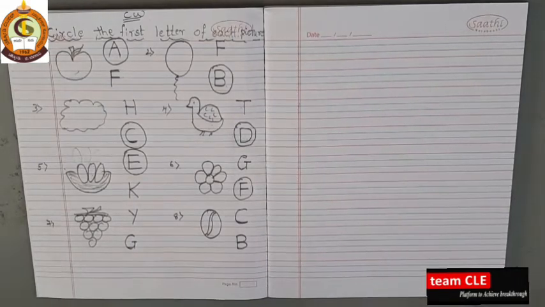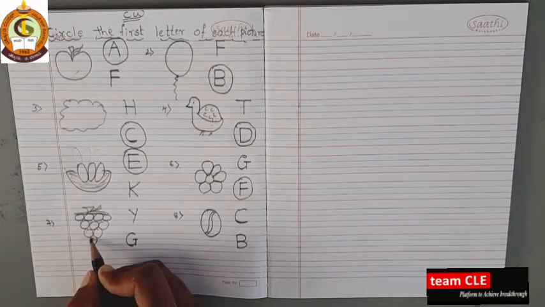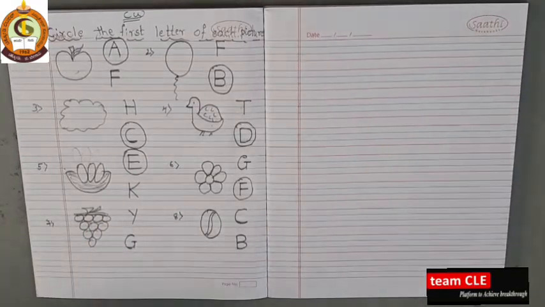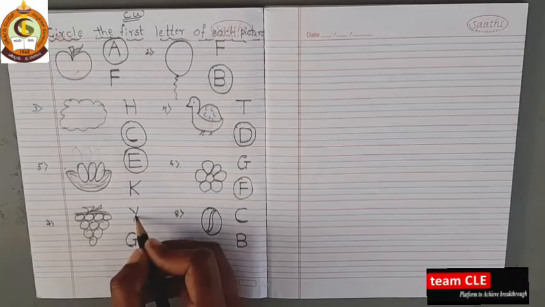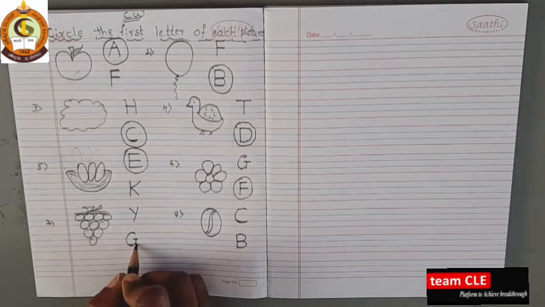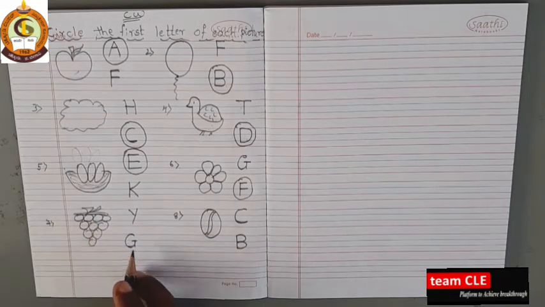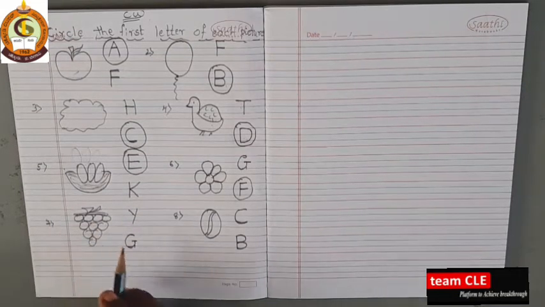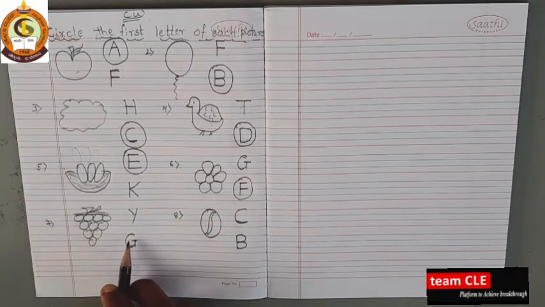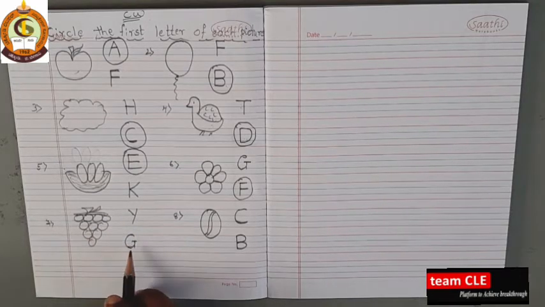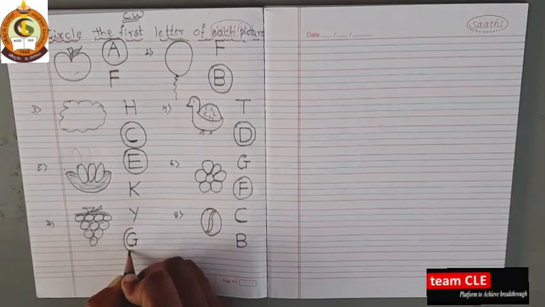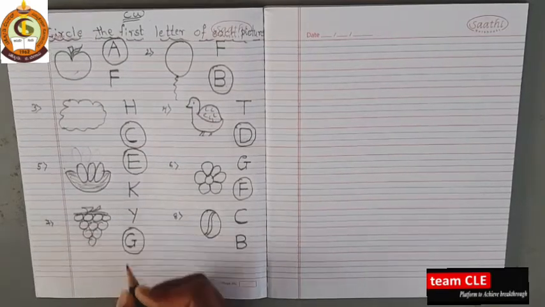Okay. So next picture is grapes. What is the first letter, Y or G? G. So G is the correct answer. G for grapes, so circle the G letter.